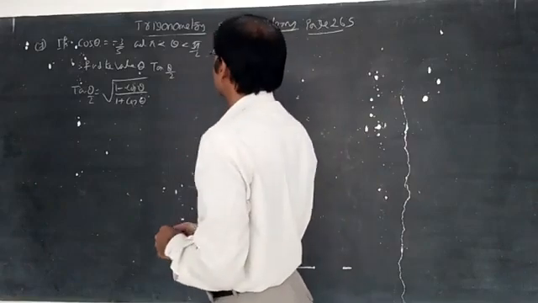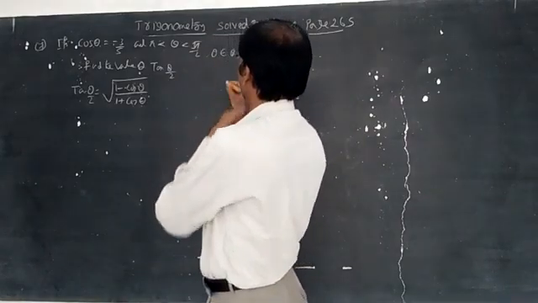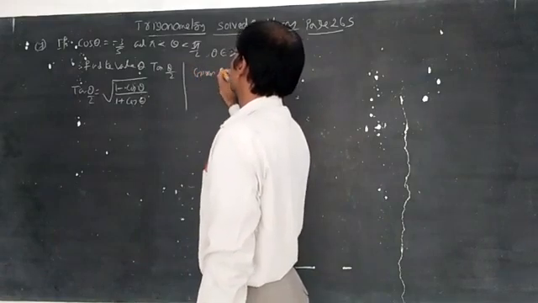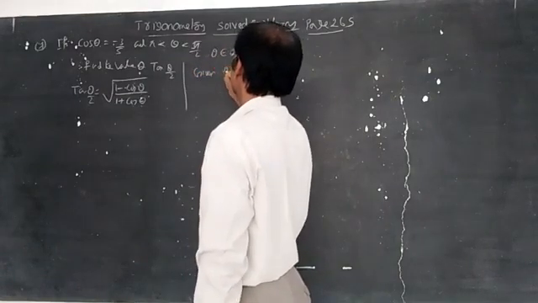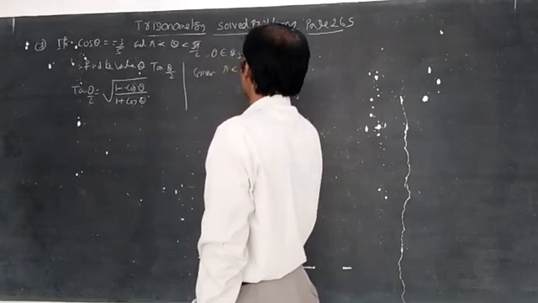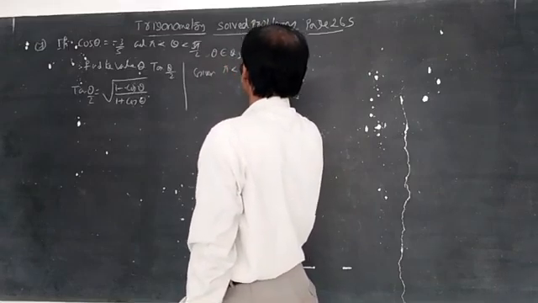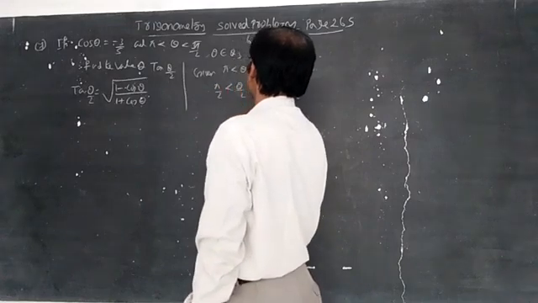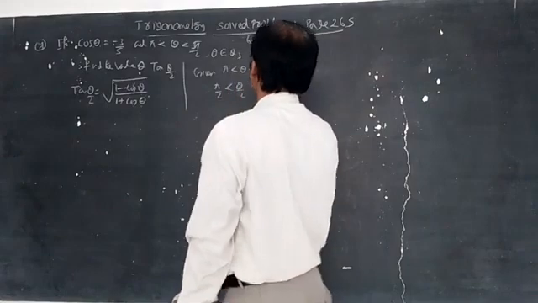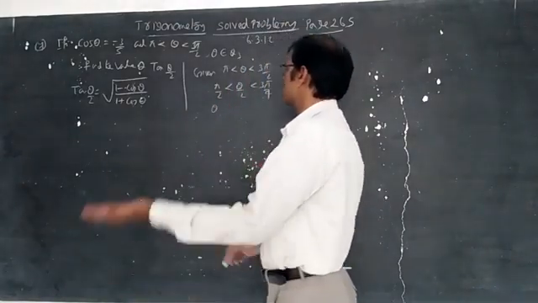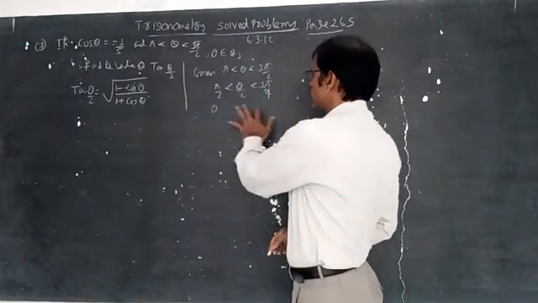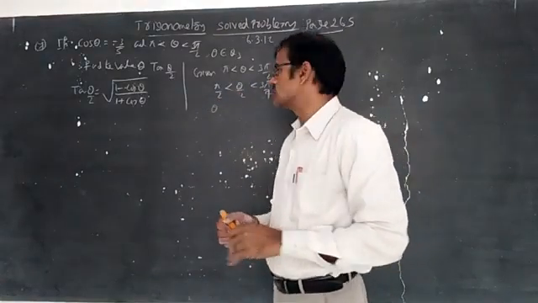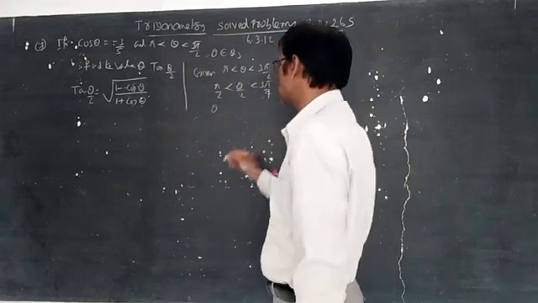Now dividing by 2: pi by 2 less than theta by 2 less than 3 pi by 4. Pi by 2 means 90, 3 pi by 4 means 135. So the value of theta by 2 should lie between 90 and 135.